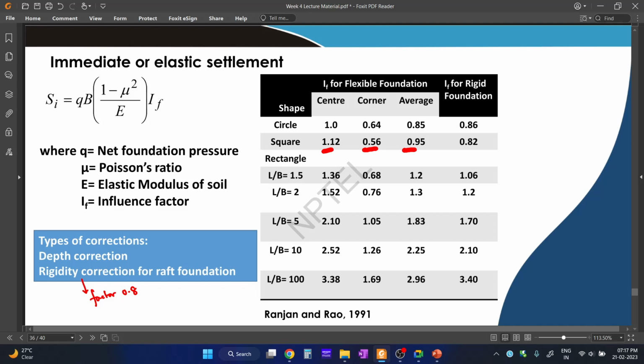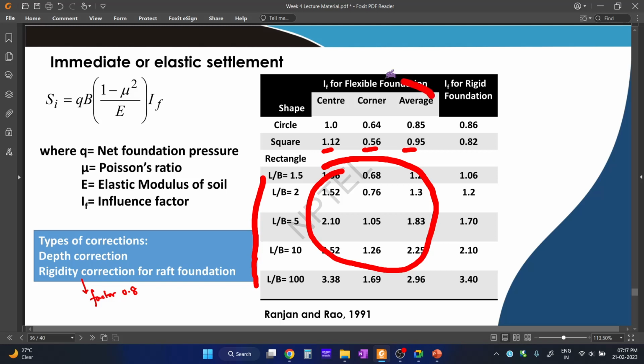If the footing is rectangular, then you will consider these values by calculating L by B ratios. In this question, it is a square footing and it is a rigid footing. So if you are asked to find out the elastic settlement for a flexible footing, then you will only use this part.